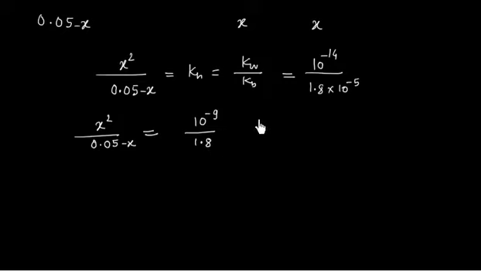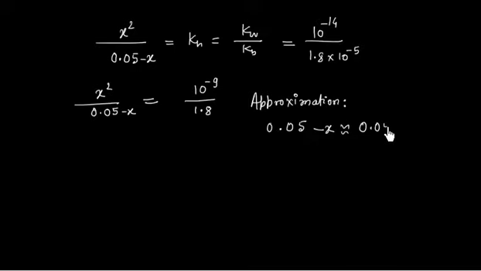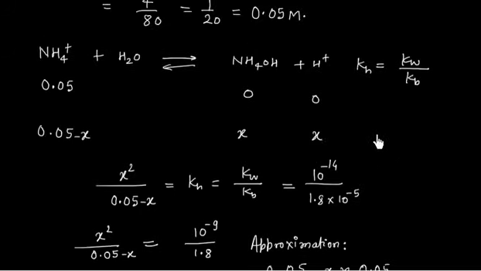Now we will make an approximation here, and what is the approximation? That is 0.05 minus X is approximately equal to 0.05. The physical meaning of this assumption is that dissociation of NH4 plus is very low.